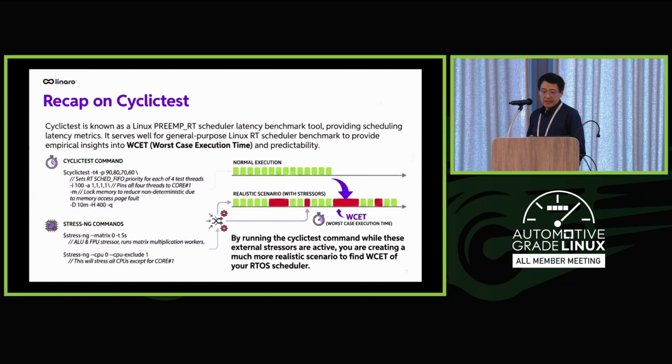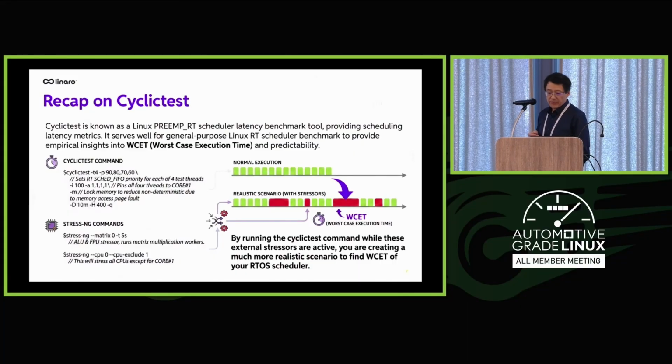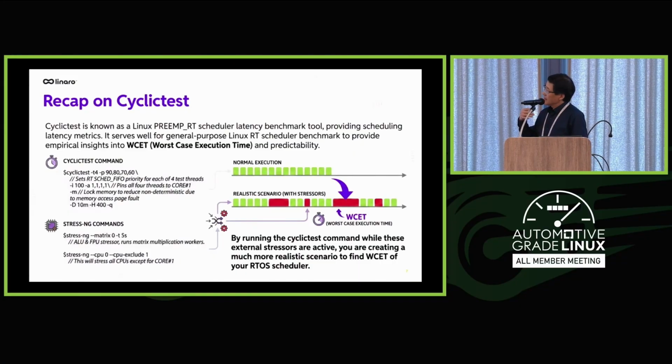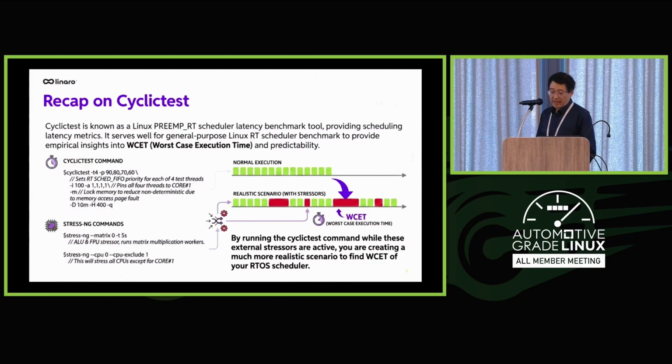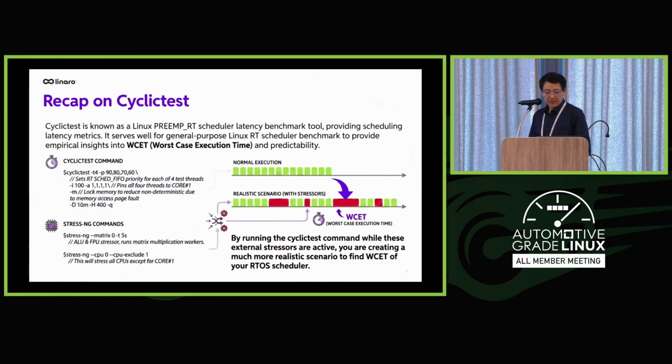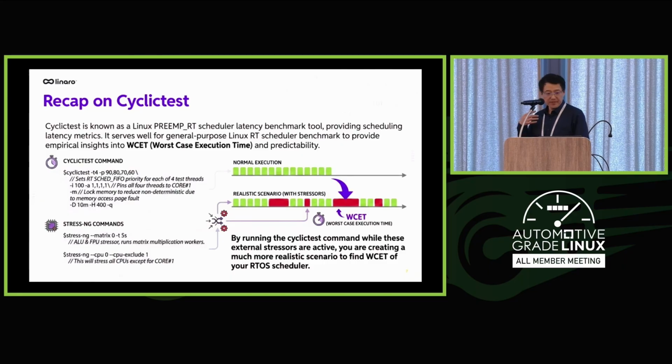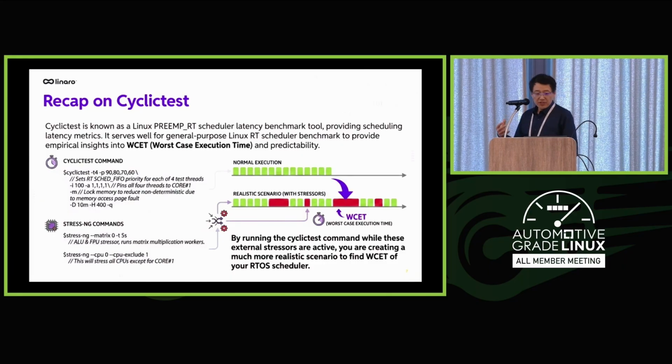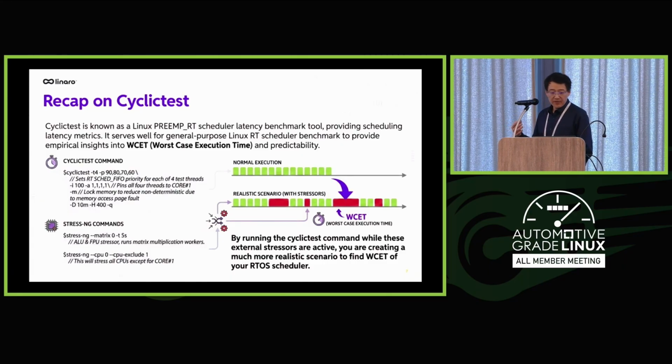Cyclictest allows you to profile task switching latencies, and allows you to regulate the runtime environment, such as CPU pinning, and pre-faulting the memory, to avoid runtime page faults, which introduce noise.